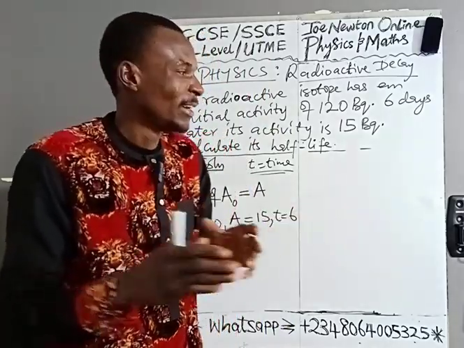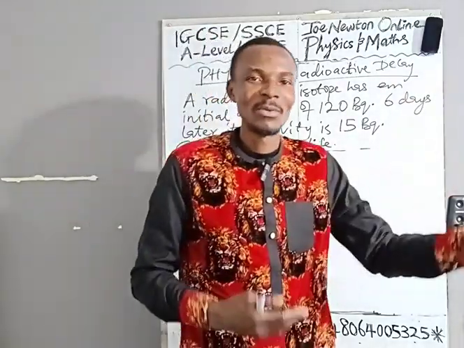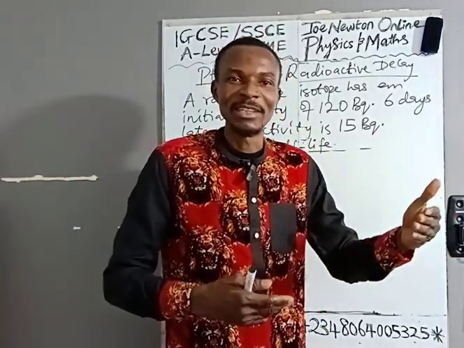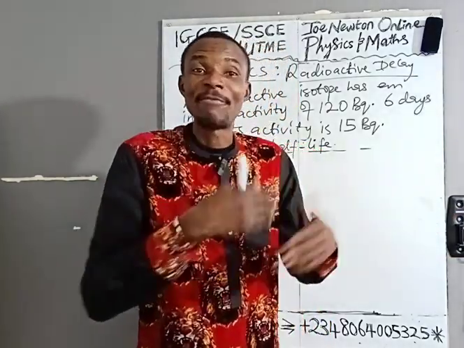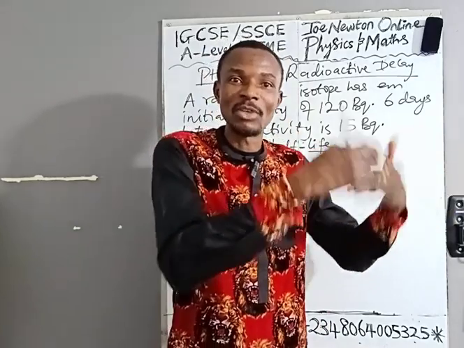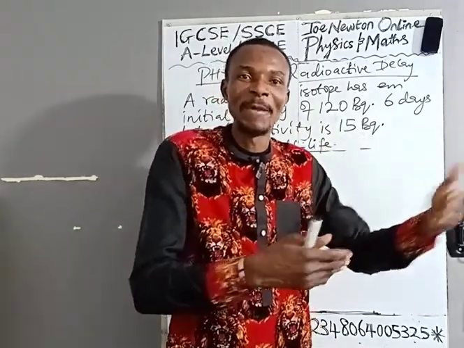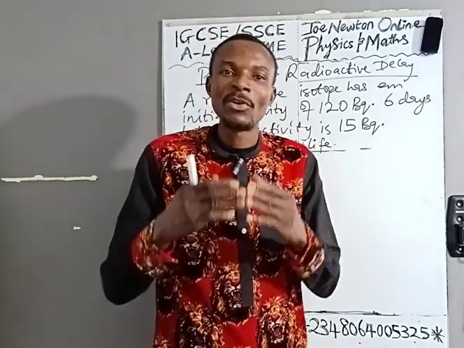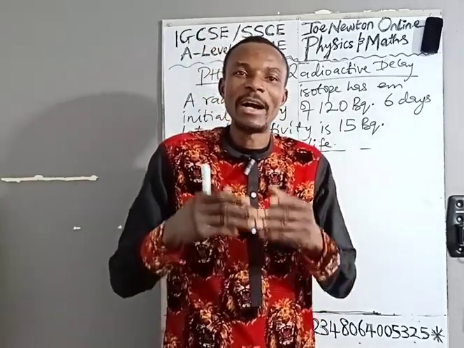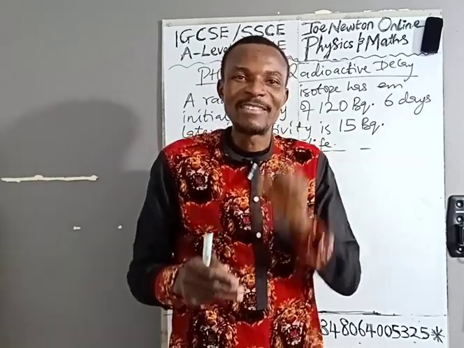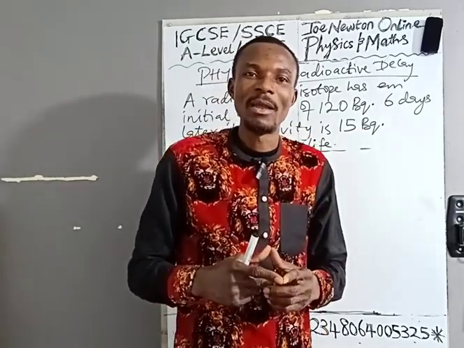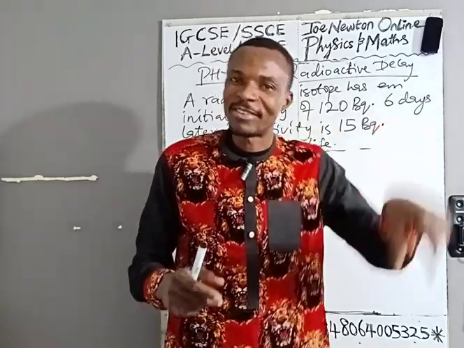There are two different things: the half-lives that passed within the period of time of the activity, and the half-life of the decay. Of course, every radioactive element or isotope has its half-life of decay and also its decay constant.